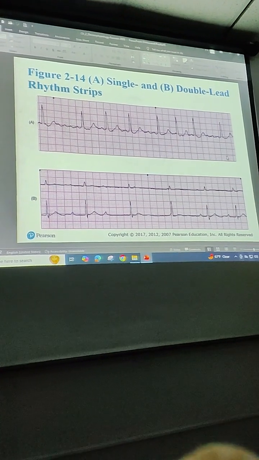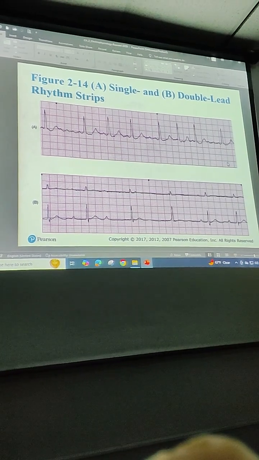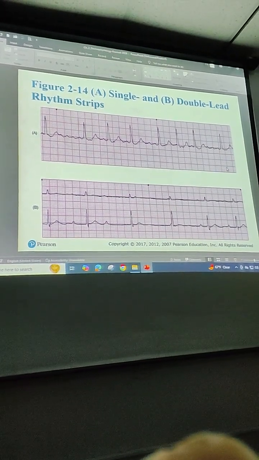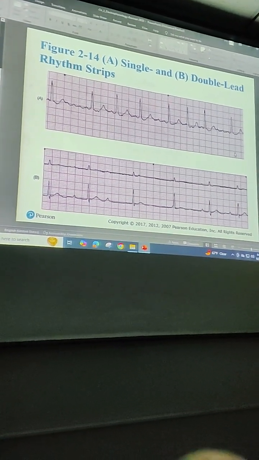That's a lot of work, right? I don't have time for that; by the time I put all this together, my patient is dead. So what we have now is everything coming out on one page.